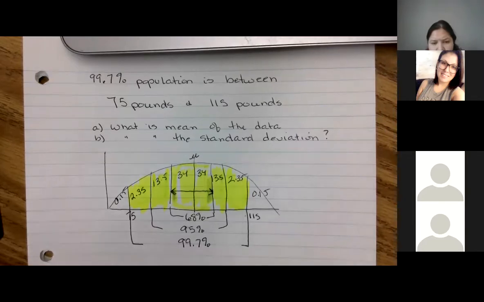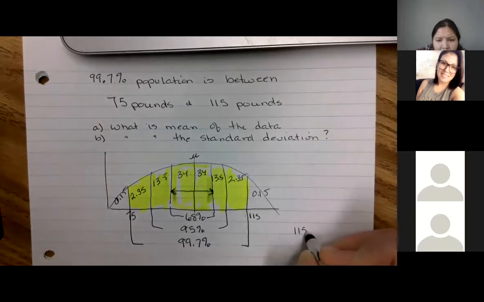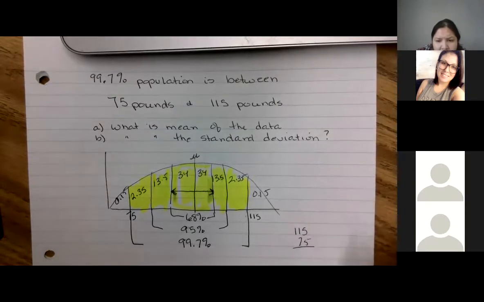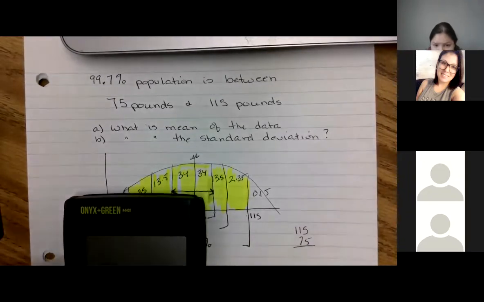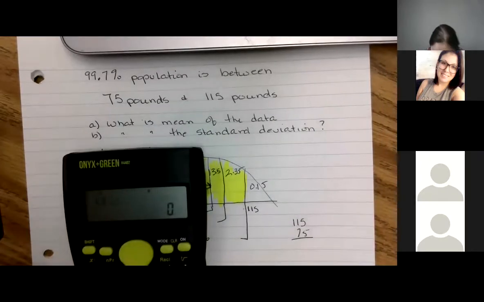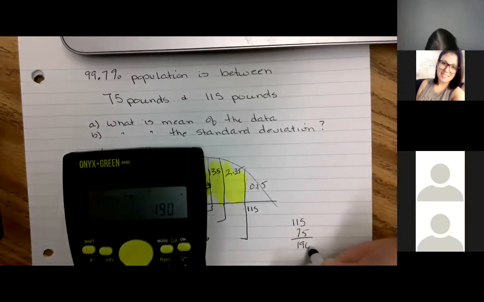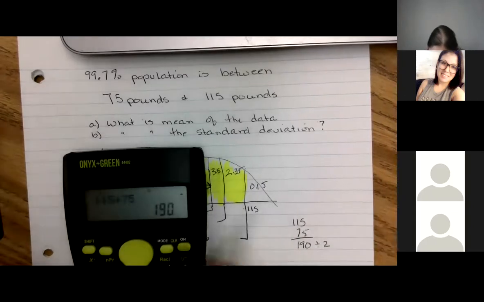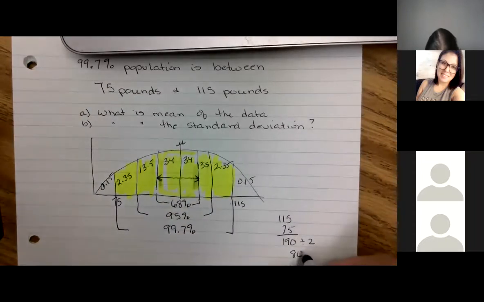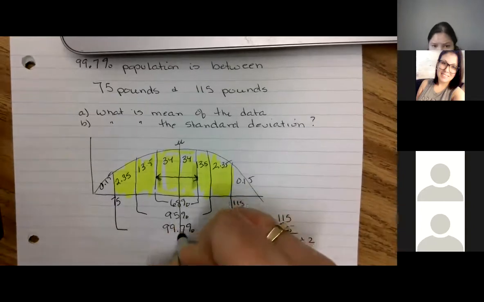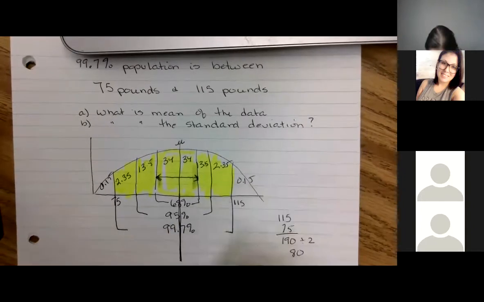Somebody help. Anybody? You just add them. Add and divide. Yes. 115 plus 75 should be 190. And then we're going to divide by 2, right? So that means 80 is our middle. So this number here is 80.